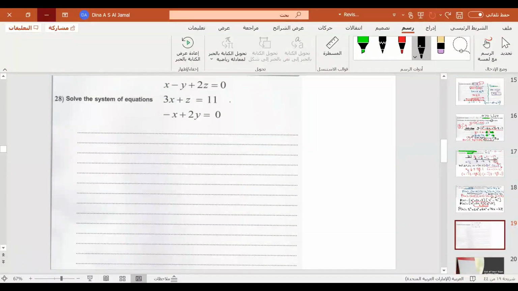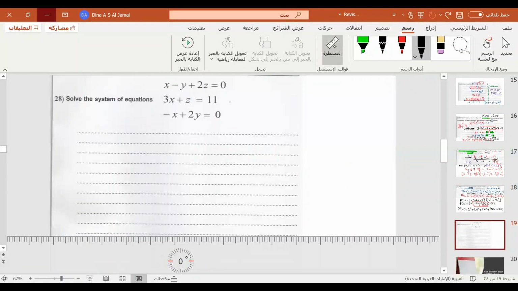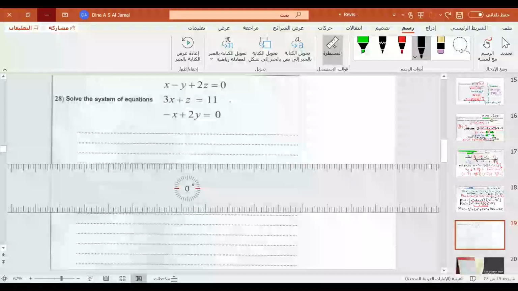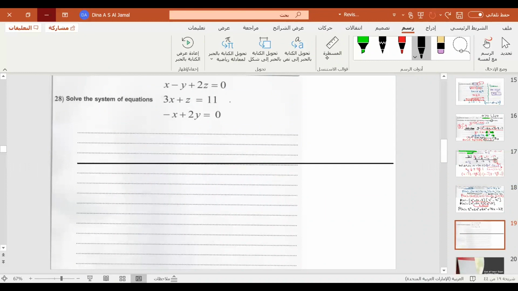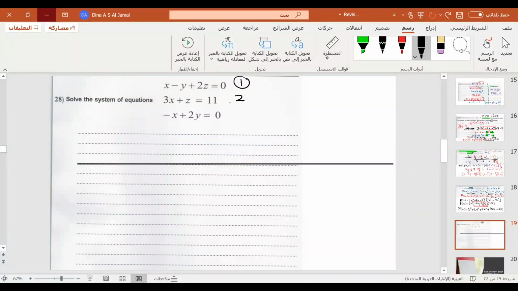and it will be a very nice question because it contains operations which will be inside each other and needs focusing. So let's focus together. Solve the system of equations, and he's giving you 3 equations: 1, 2, 3.